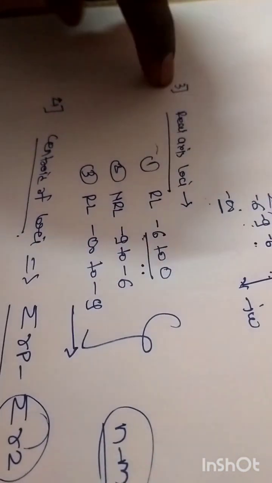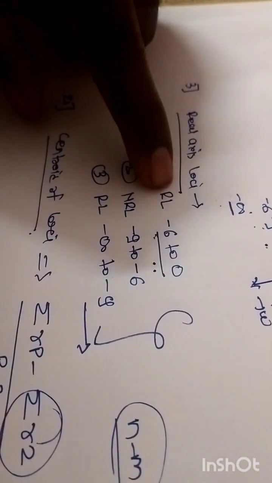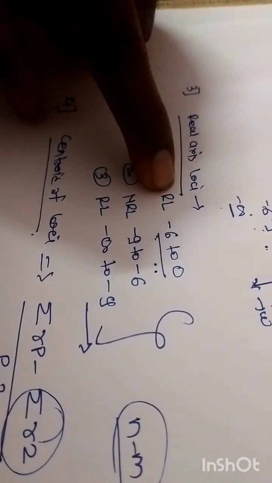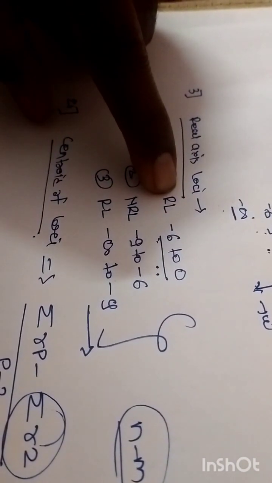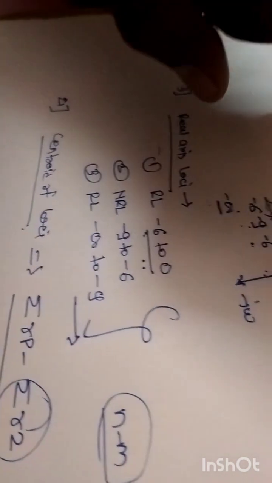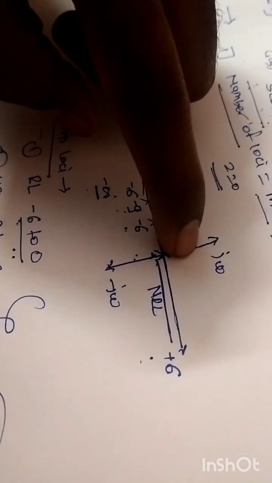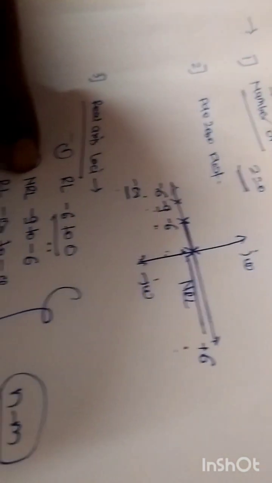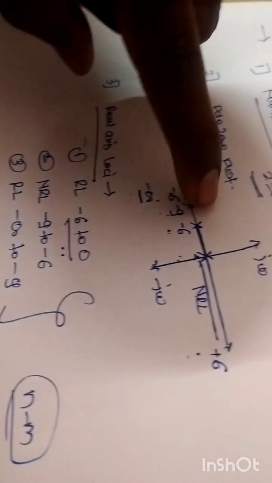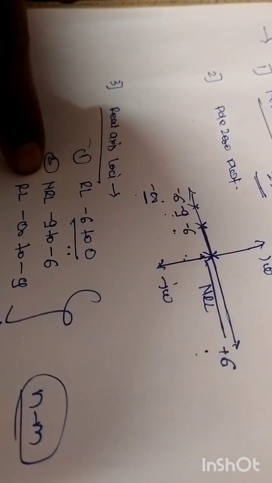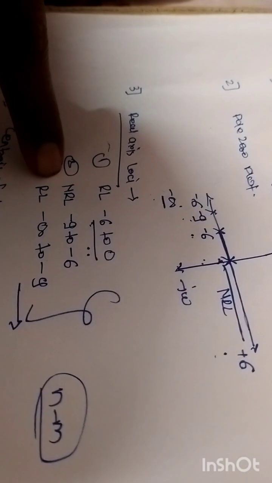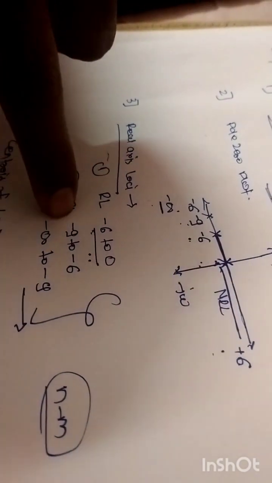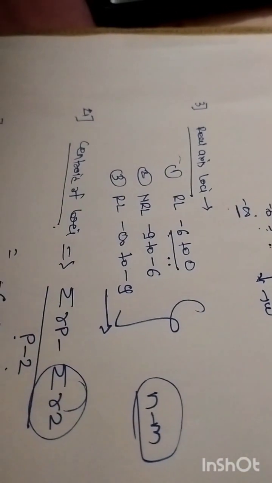So when we look at step number 3, the real axis loci, this is the first interval in which there will be a significant presence of this root locus. It will be present in between minus 6 to 0. This root locus is absent in between minus 9 to minus 6, and there will be a significant presence of this root locus in between minus infinity to minus 9, right?